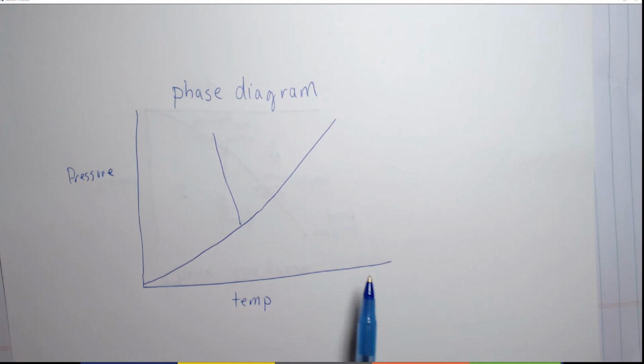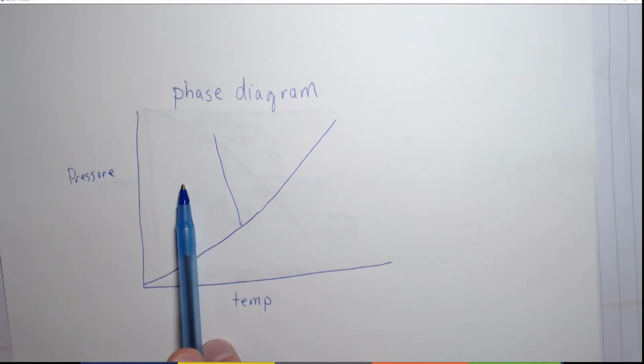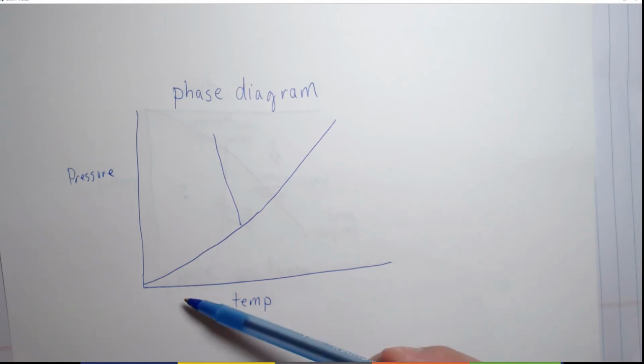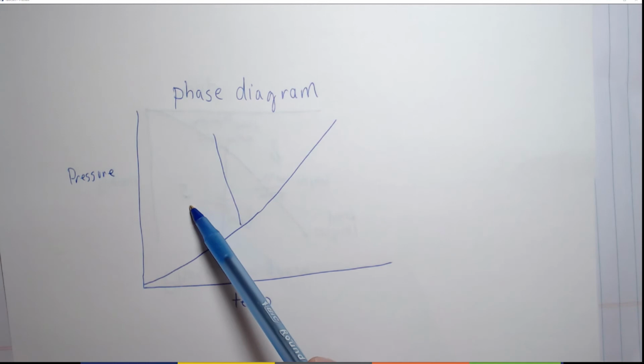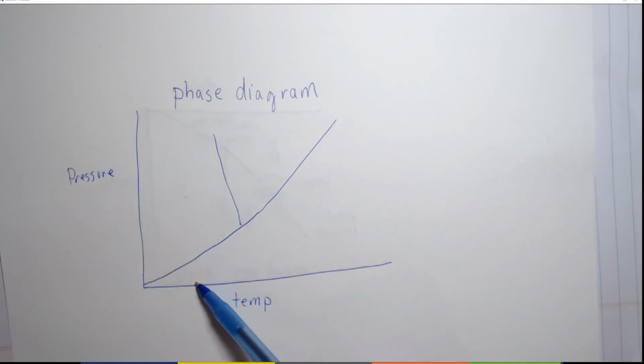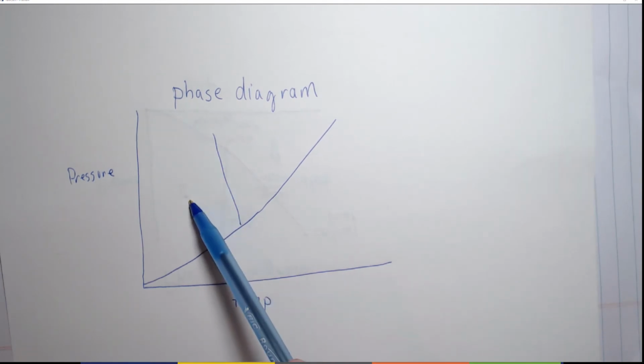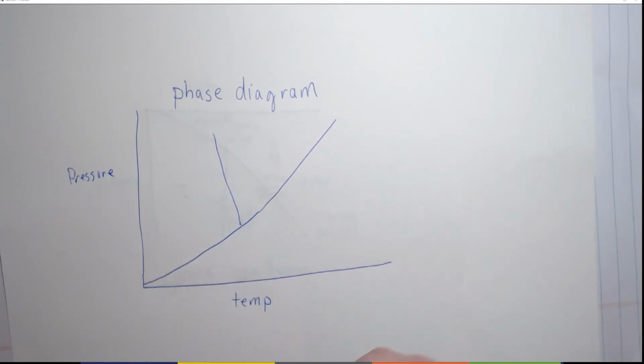So let's look at this region first. What about the temperatures? The temperatures are relatively low because we're relatively far to the left on the x-axis in this region. And the pressures are everything except really low pressures. So at moderate and high pressures, we have this phase of matter. Well, at low temperatures and moderate to high pressures, we have a solid.